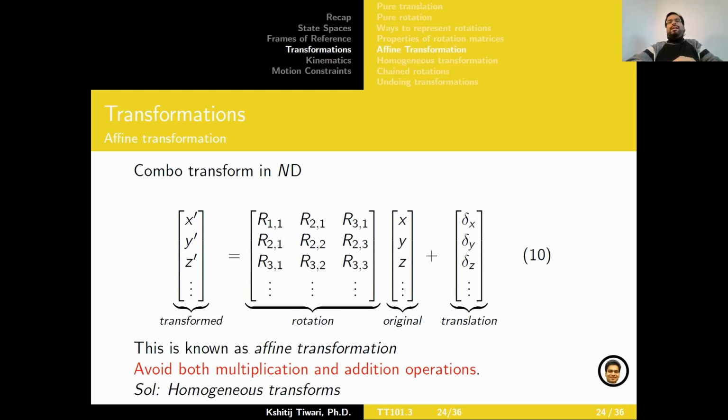Now, the only challenge with this is it's not very computationally efficient because you have to do both multiplication and addition operations. So for efficiency reasons, we want to have a situation where we stick to only one kind of computation, preferably matrix multiplication. And the way we do this is by using what we call a homogeneous transform.